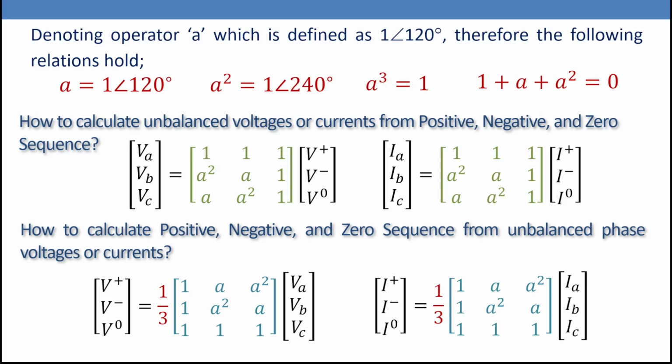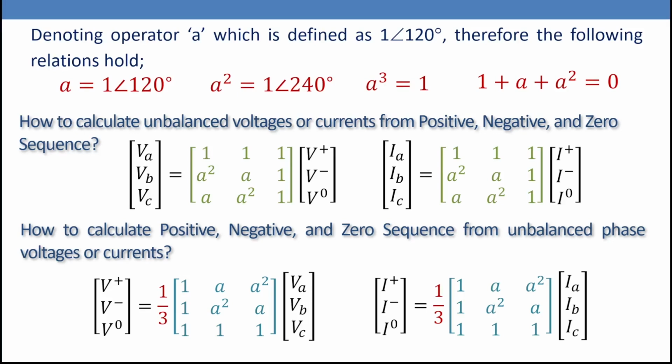V negative will be one third of VA plus a squared VB plus a VC. For zero sequence, it will be one third of VA plus VB plus VC. That one is a test for our system. If VA plus VB plus VC equals 0, this means our system is balanced. If we have a value, this means our system is unbalanced. We can do the same for the currents and find the positive, negative, and zero sequences.